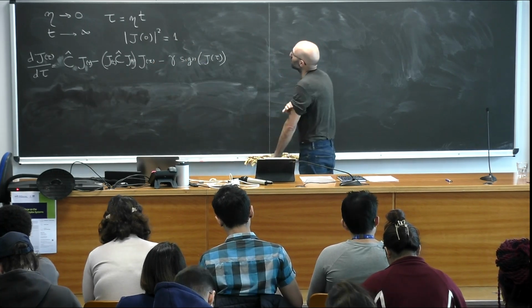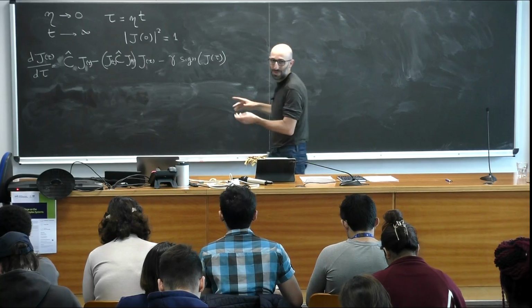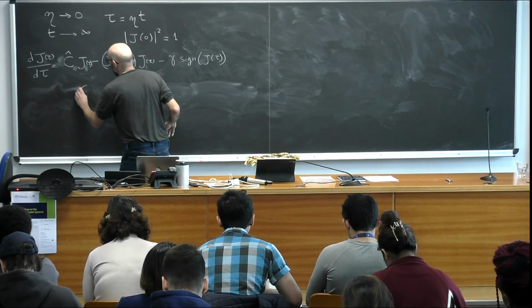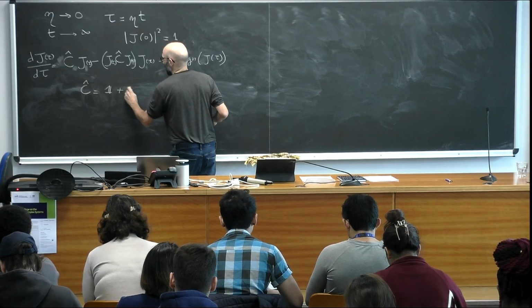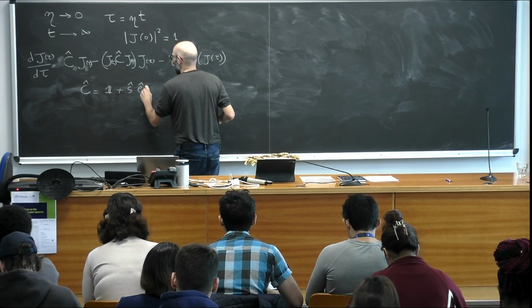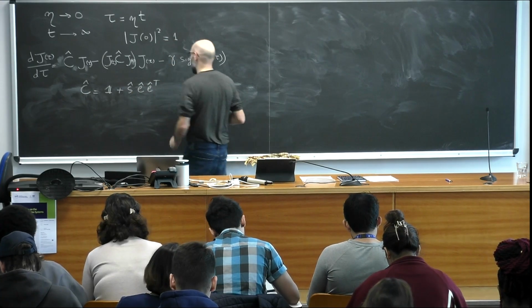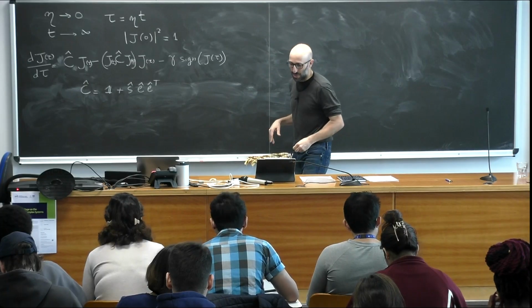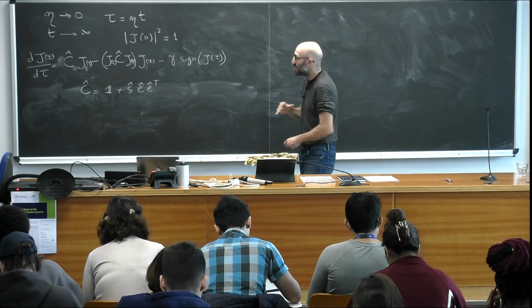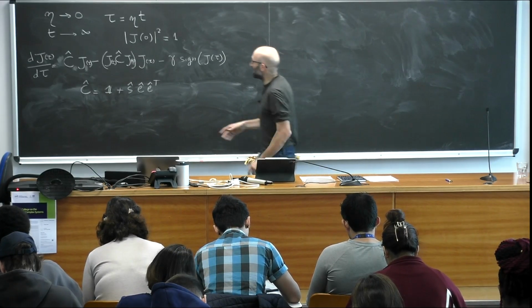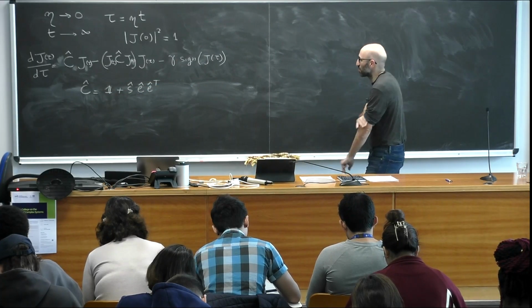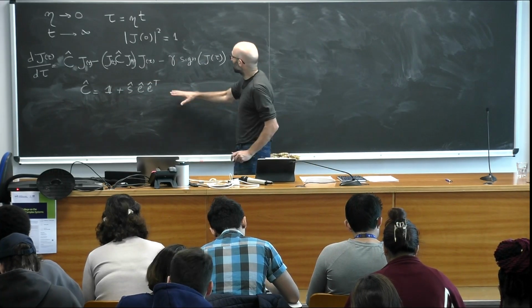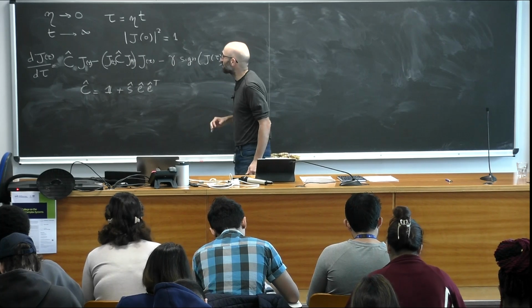What we can do is go back to the special case where C hat is equal to the identity plus S hat, E hat E hat transpose. So we consider again the simplest case where we have the identity for the correlation plus one special direction, which is the principal component, and we try to see what happens in this case.